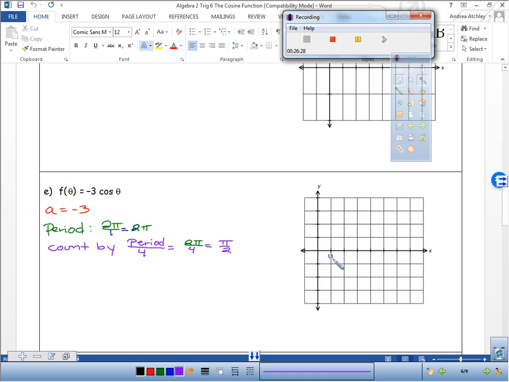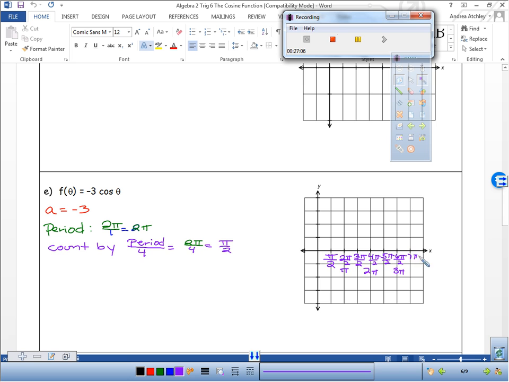Okay, so we're going to count. Pi over 2. Again, this is probably the hardest part for you guys. Then another pi over 2 is 2 pi over 2, which is pi. Then another one is 3 pi over 2. Then 4 pi over 2, which is 2 pi. Then 5 pi over 2, and then 6 pi over 2, which we can reduce to 3 pi.